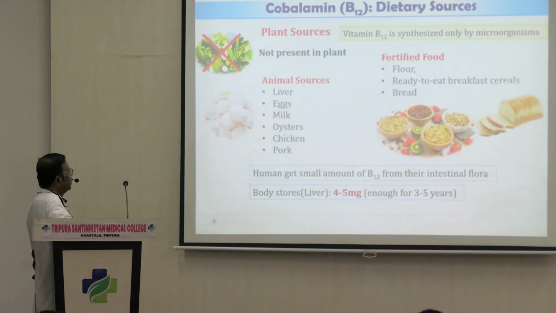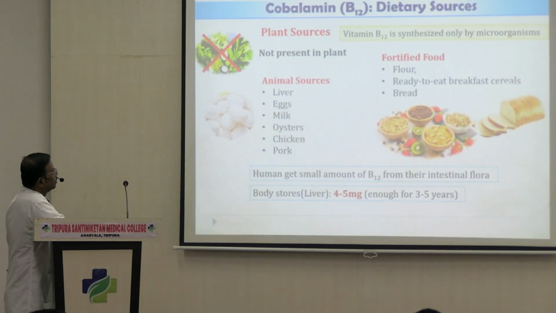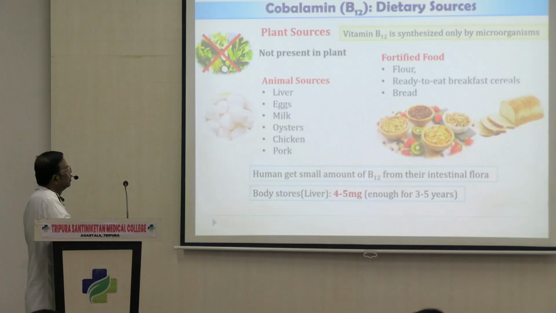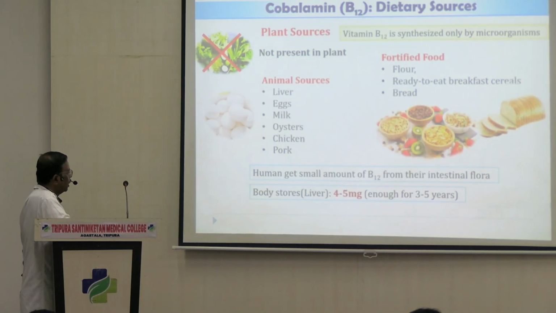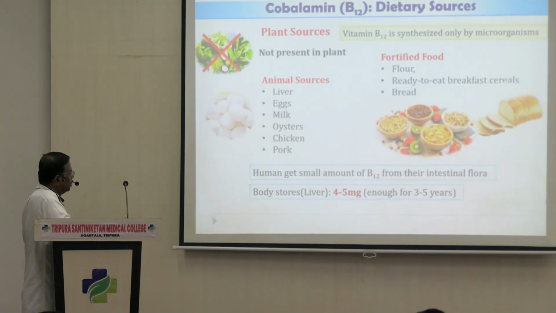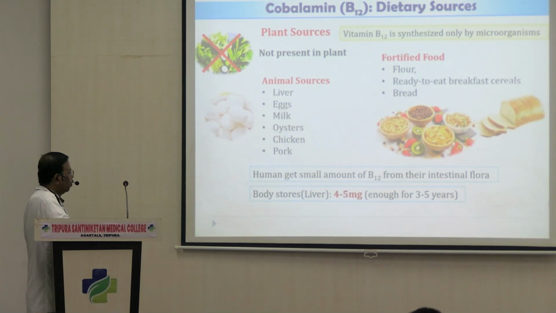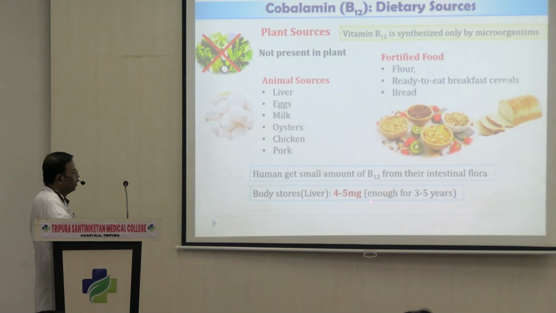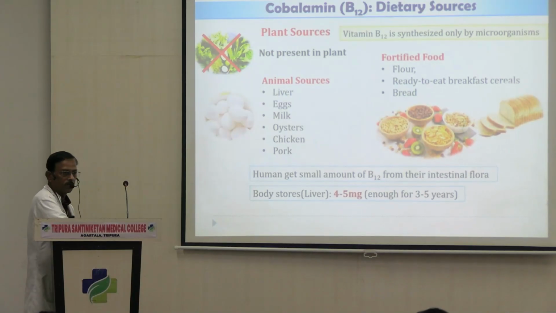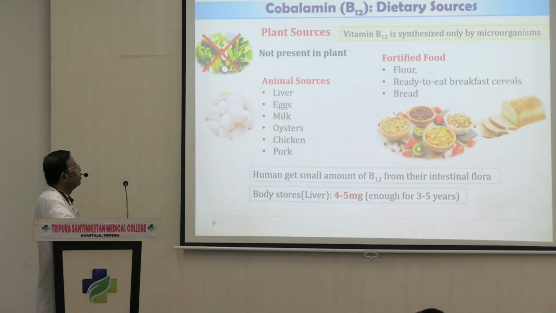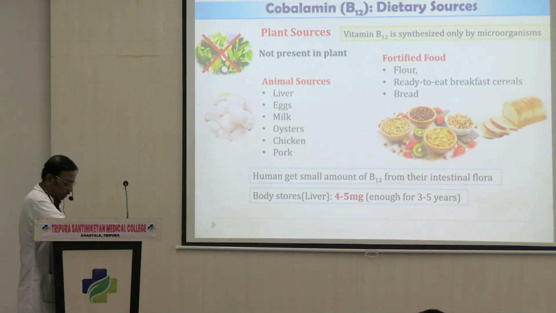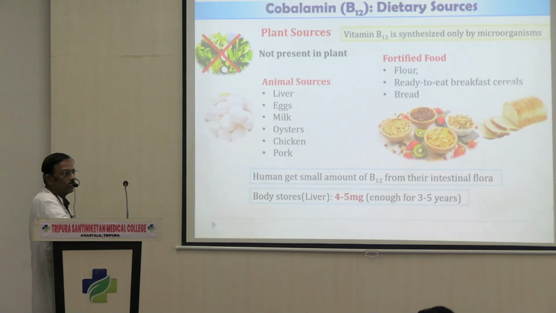Sources: liver, egg, milk, oyster, chicken, pork. Fortified foods are also available. Humans get a small amount of vitamin B12 from their intestinal flora. The body stores 4 to 5 milligrams, which is enough for 3 to 5 years. So vitamin B12 deficiency rarely occurs.